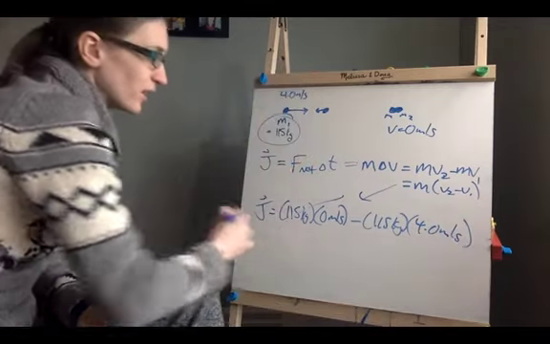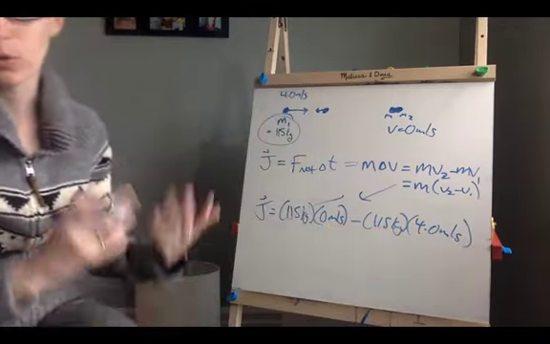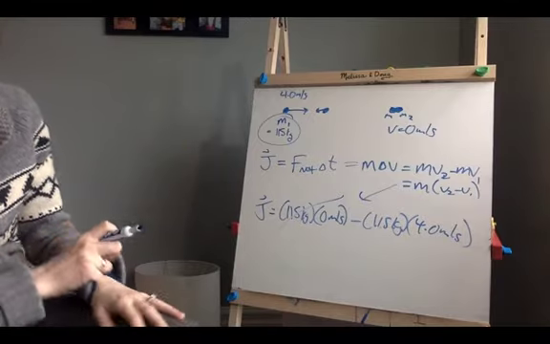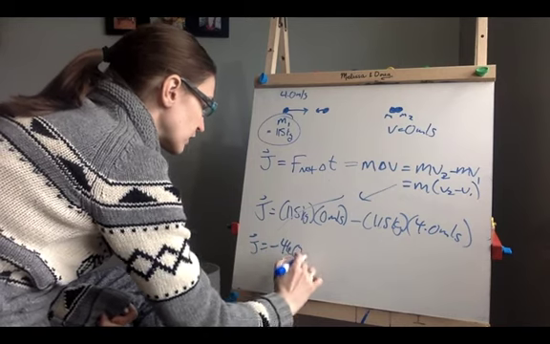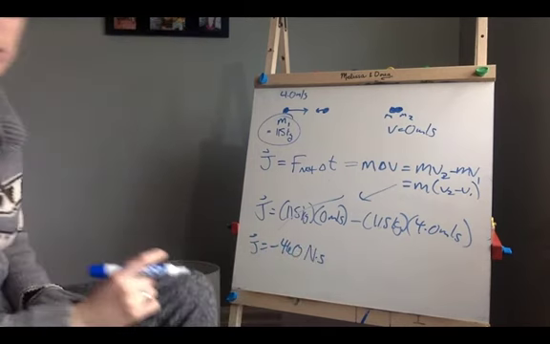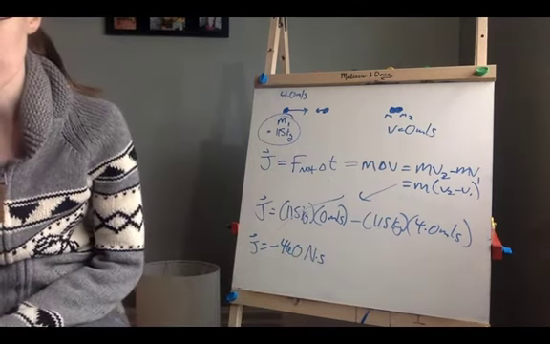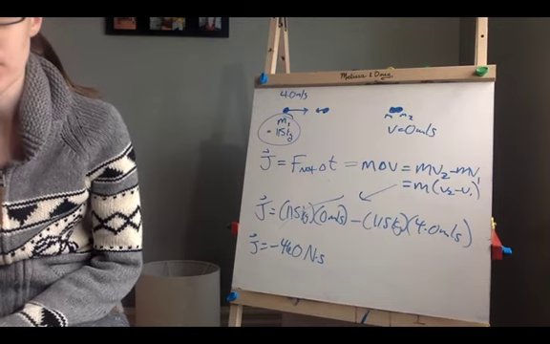Multiply your 115 by your 4, and bam, there is your -460 newton seconds. Ta-da.